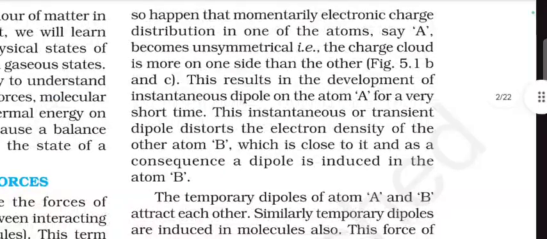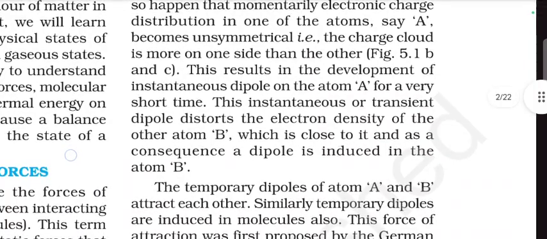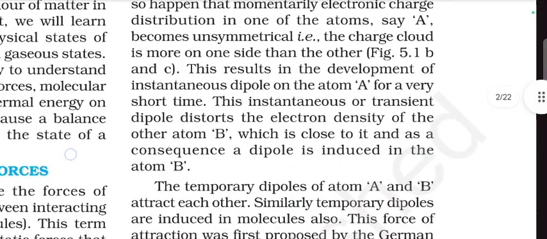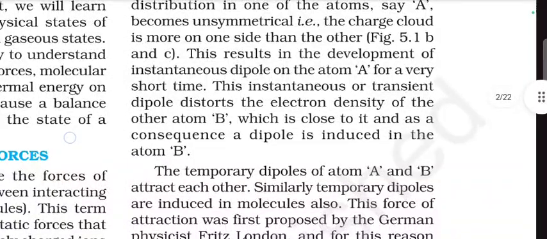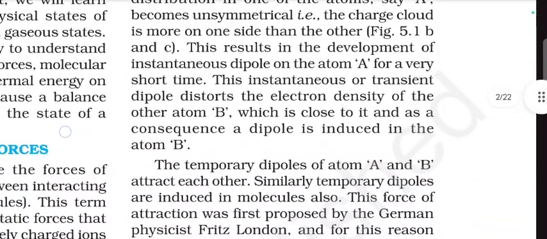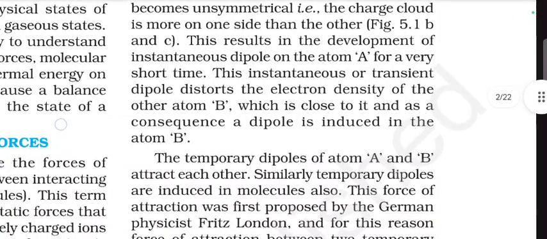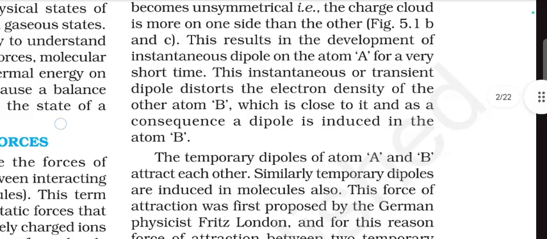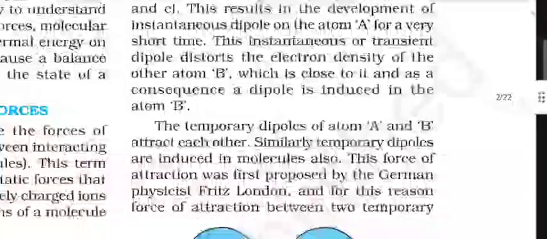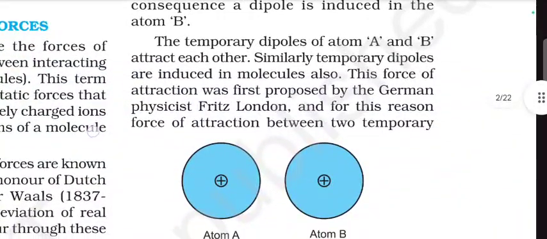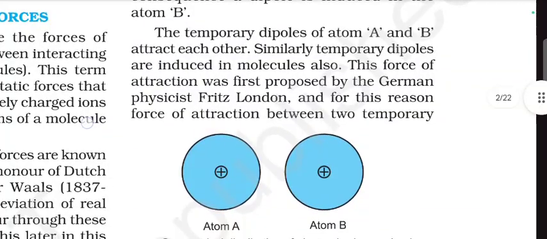This results in the development of instantaneous dipole on the atom A for a very short time. This instantaneous or transient dipole distorts the electron density of the other atom B, which is close to it, and as a consequence, a dipole is induced in the atom B. The temporary dipoles of atom A and B attract each other.